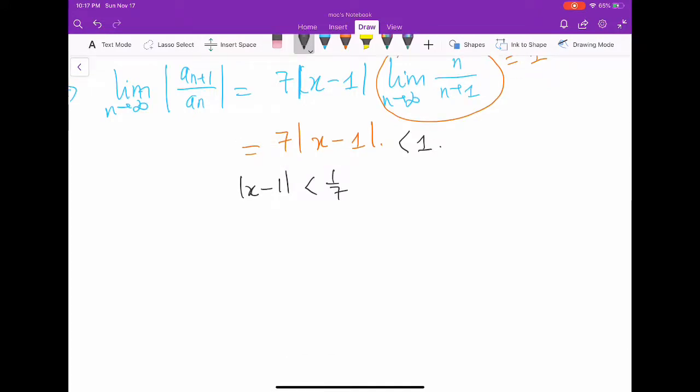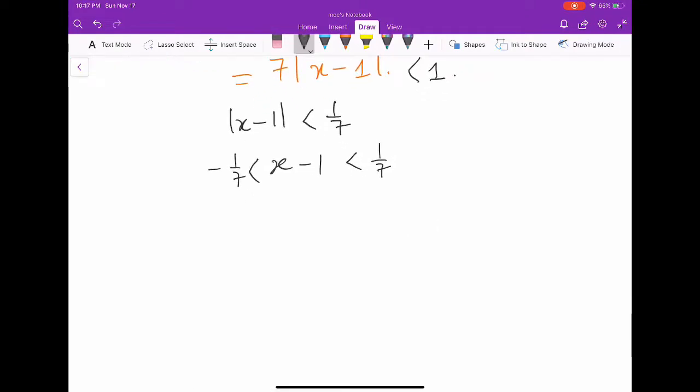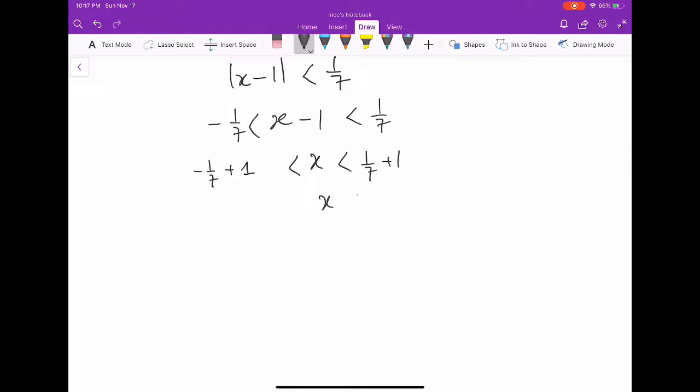This is equivalent to x minus 1 less than 1 over 7 and greater than negative 1 over 7. So we add 1 to all 3 sides, and we get x less than 1 over 7 plus 1 and greater than negative 1 over 7 plus 1. So x is less than 8 over 7 and greater than 6 over 7. That is the interval we found without endpoints, okay?